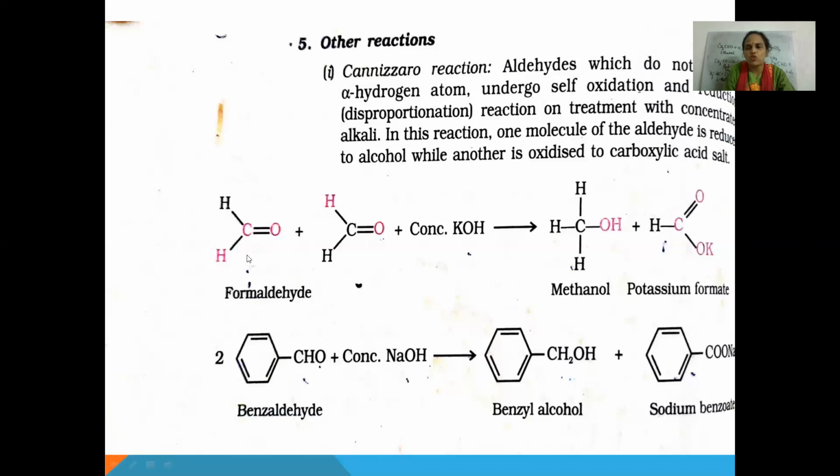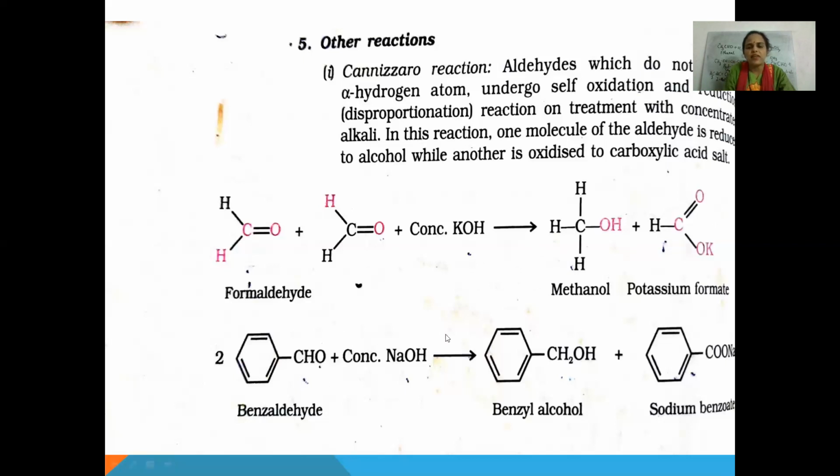So two molecules of HCHO, that is methanal, on treatment with conc KOH give alcohol CH3OH plus potassium formate HCOOK. HCOOK is formed.